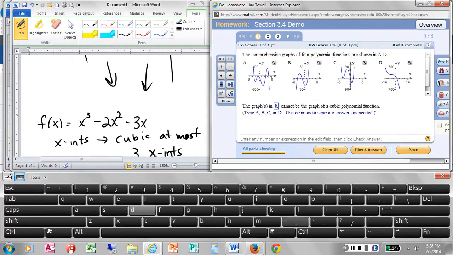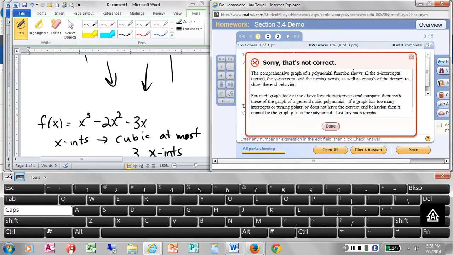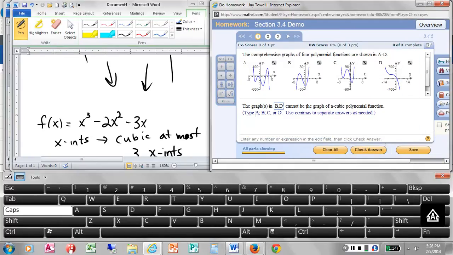I'm going to type those in. I might have to do capitals B, comma, D. All right, let's see. B. Do they want a space there?